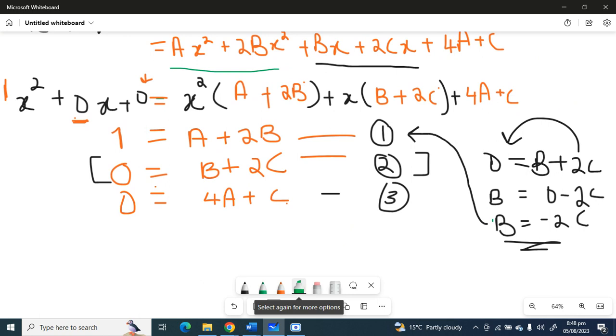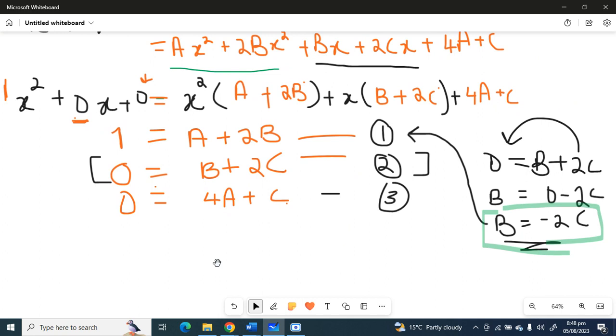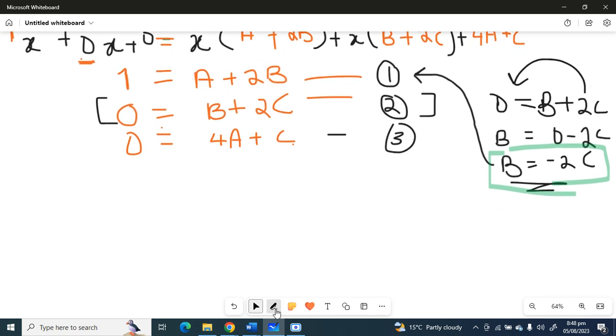B equals negative 2c, and this we're going to plug into equation 1. So equation 1 is now going to look like this: 1 equals A plus 2, then the B, we're going to substitute it with negative 2c.